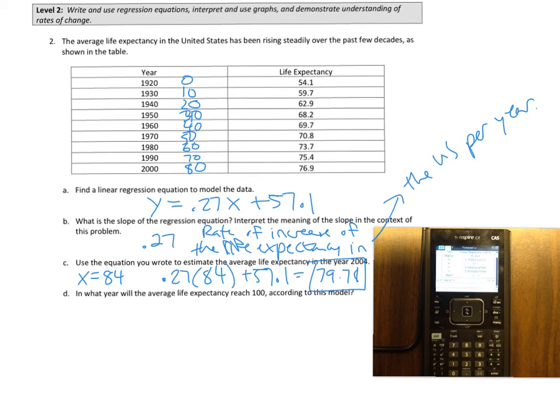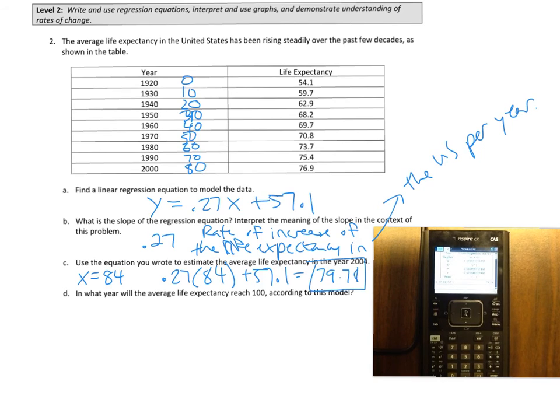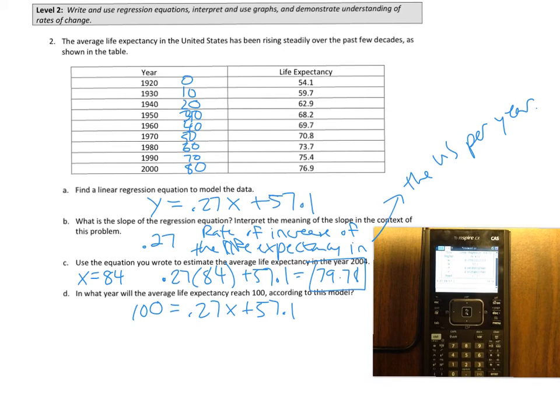And in what year will the average life expectancy reach 100 according to this model? In this case, we're going to put 100 in for y and set that equal to our equation, 0.27x plus 57.1, and we solve for x.